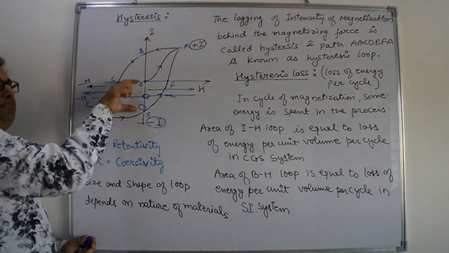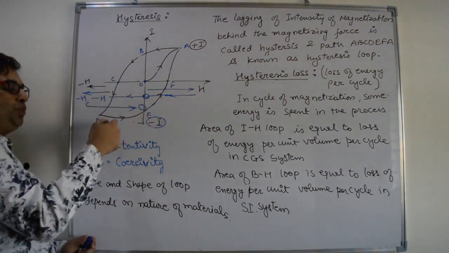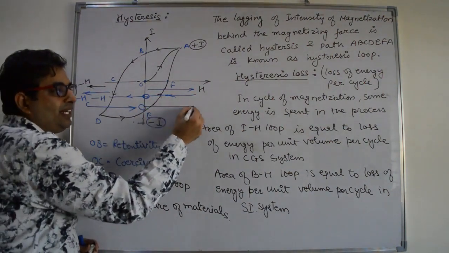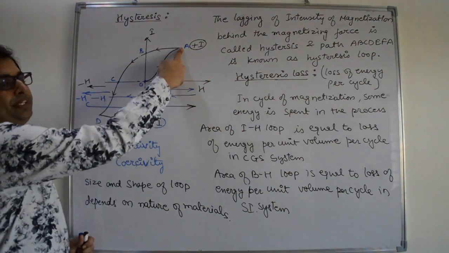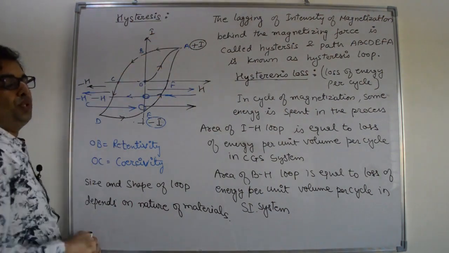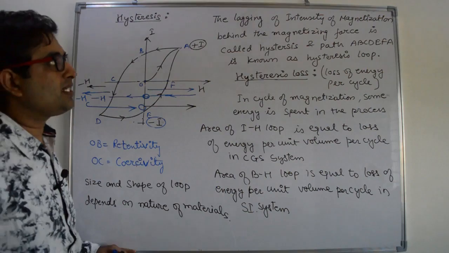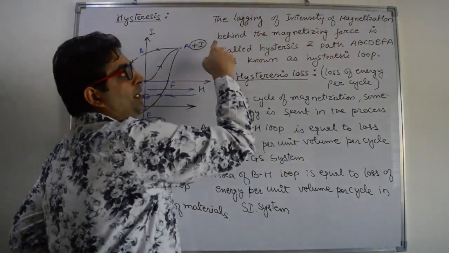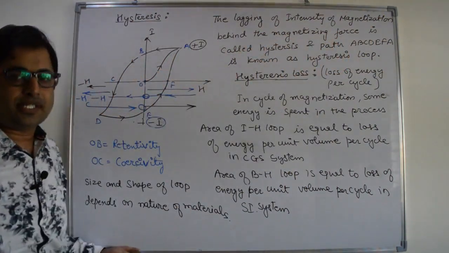There is still some magnetism inside the material, and this magnetism is also known as retentivity. Again we will magnetize the material in the right direction, and finally the graph will reach the initial point. So this complete process is known as the hysteresis process. And what is hysteresis? The lagging of intensity of magnetization behind the magnetizing force is called hysteresis.